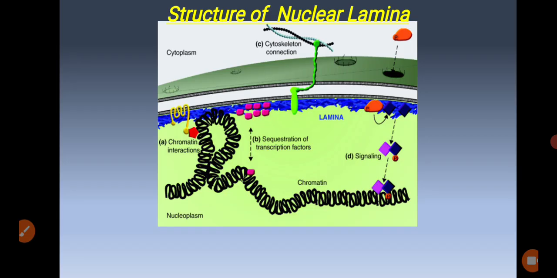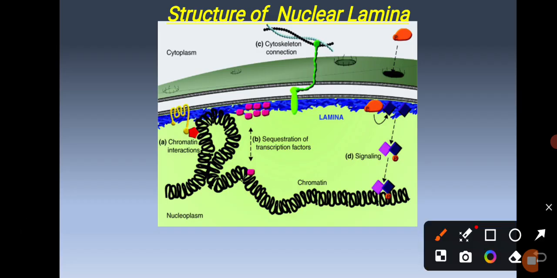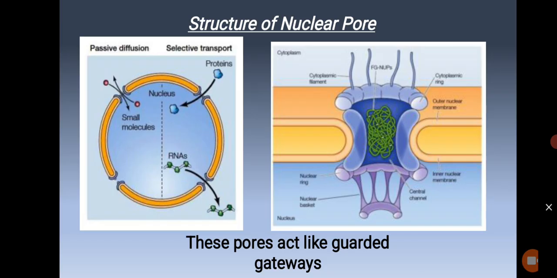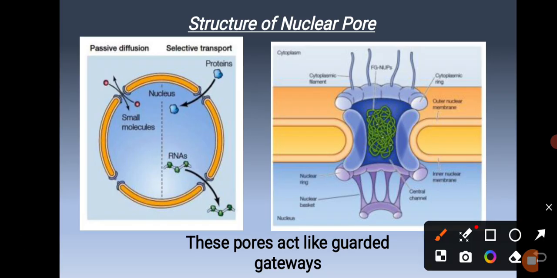The second point is that it also acts in a gatekeeping role. They interact with the transport receptors that recognize nuclear localization signals, simply called NLS, or nuclear export signals, on the proteins.